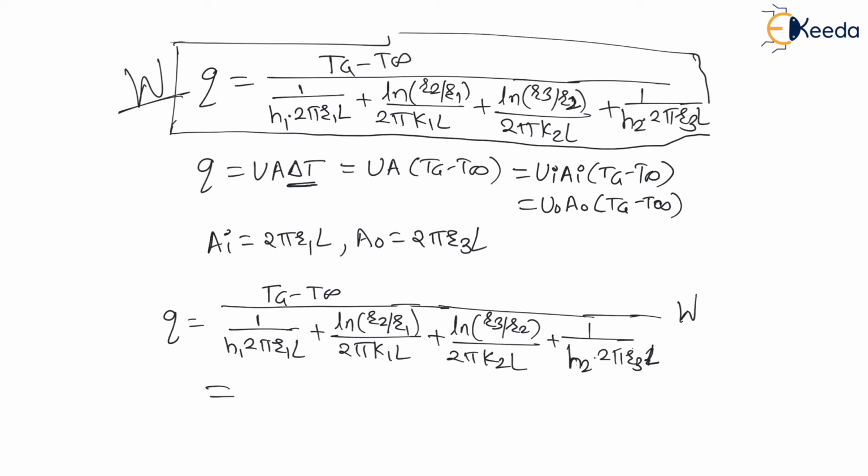This is again equal to Q equal to Tg minus T infinity divided by 1 upon UA. Similarly, we can write like this.